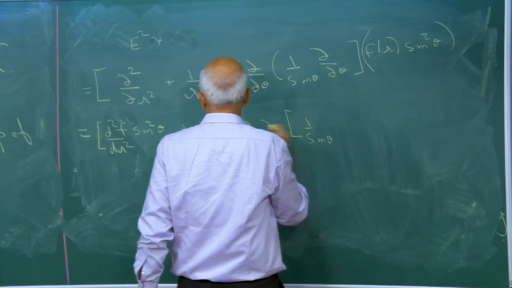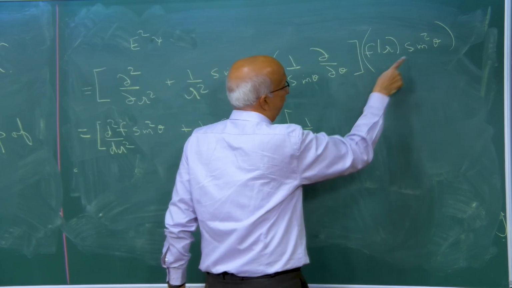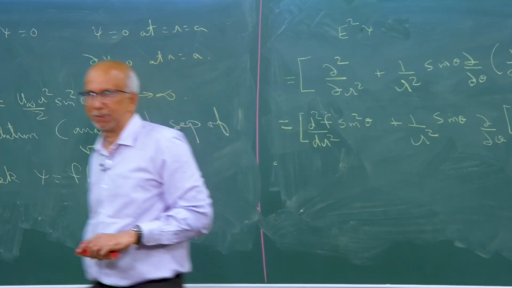So, f is a constant. So, f comes out. I write f. What is the derivative of sin theta with respect to theta? That is cos theta. Clearly something is wrong.